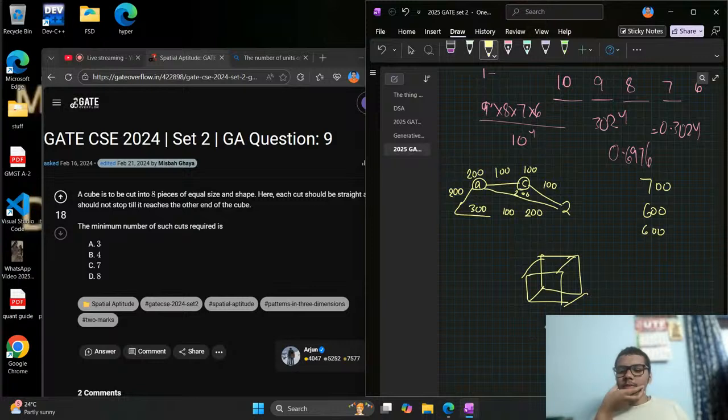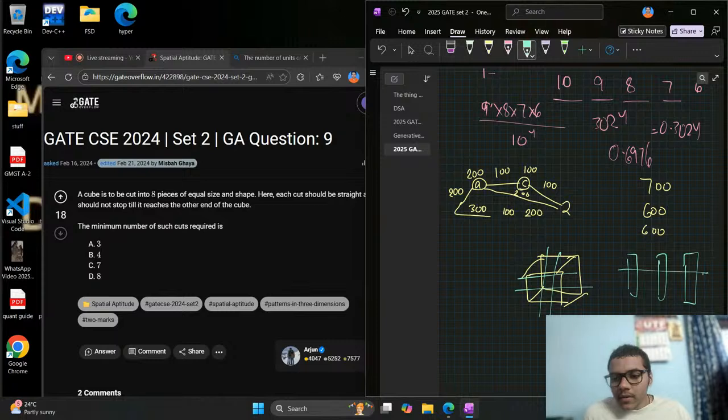How about 1, 2, 3, and 4? If you do like this 1, 2, 3, and 4. Okay, I cannot visualize it. So you see, if you cut it, it will become 3 pieces like this.